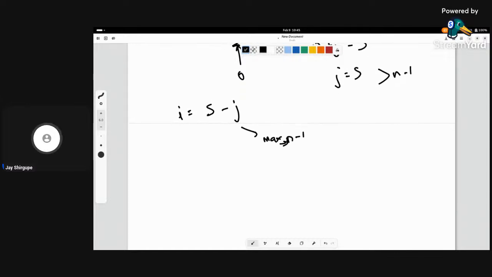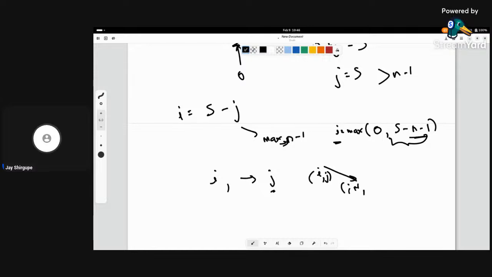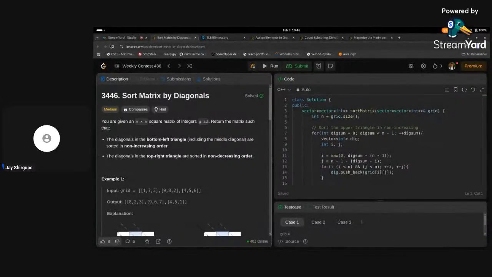So you can say that i is the maximum of 0 and s minus (n minus 1), and you can get this value of i. Then depending upon that, you can derive the value of j and iterate over the diagonal by saying that you're over here at i, j, then you go to i plus 1, j plus 1, and so on and so forth, until either i or j reaches n minus 1.